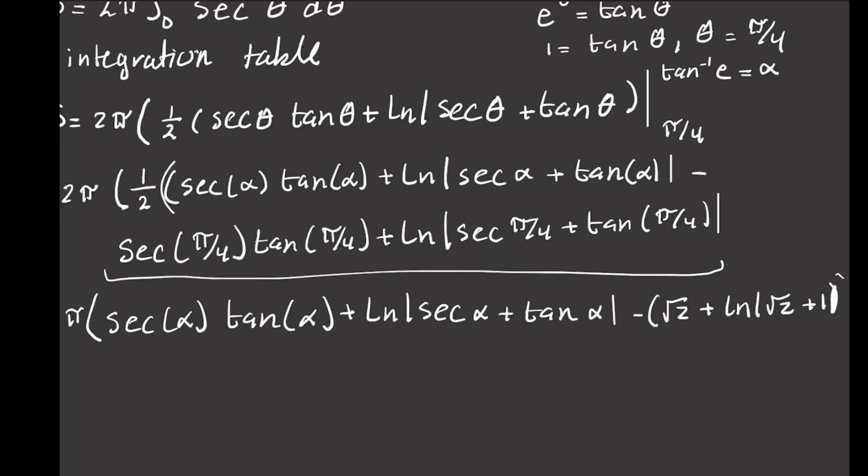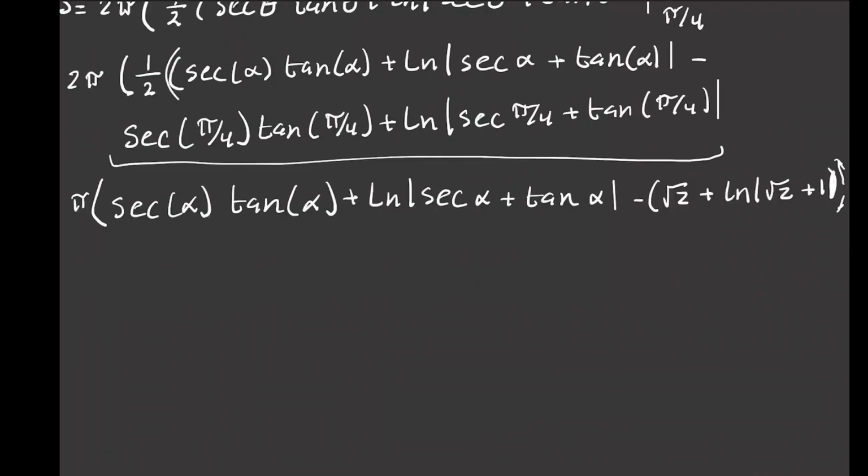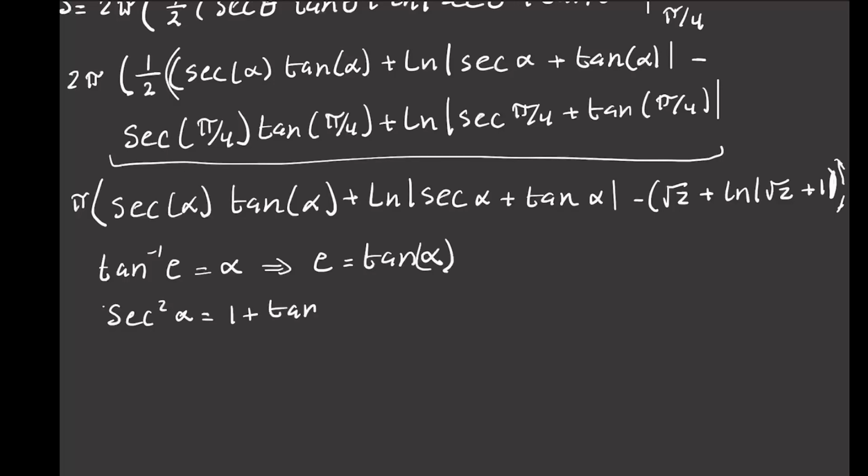So now after I have that done, I need to go back and evaluate my alpha. Here I know that I set tan inverse of e equal to alpha, and from here I know that e is equal to tan of alpha. So now I have the secant squared of alpha is equal to 1 plus tan squared of alpha.